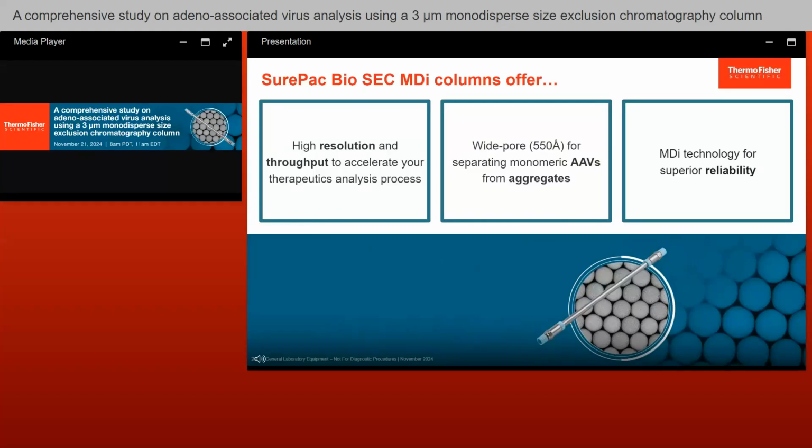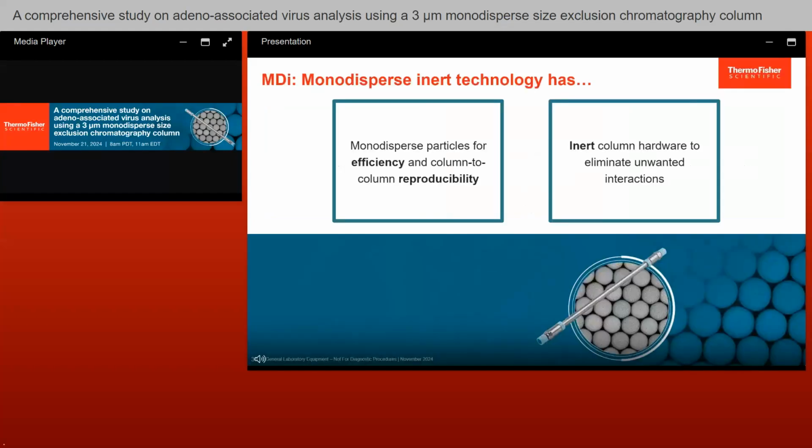With MDI technology, the monodispersed particle and the inert hardware ensure superior reliability. In the end, MDI, monodispersed inert technology: the monodispersed particle is best for efficiency and column-to-column reproducibility, and the inert column hardware helps to eliminate unwanted interactions.